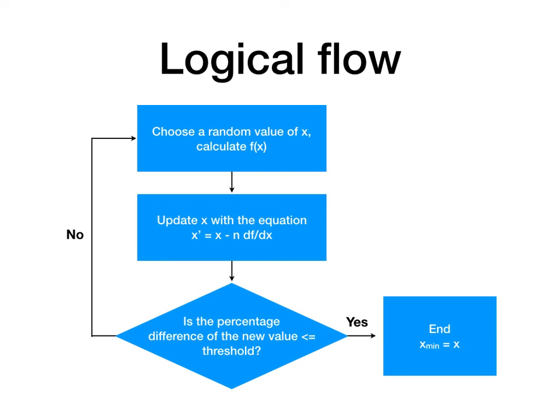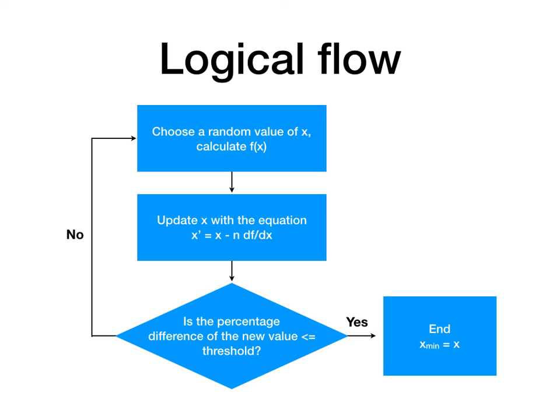Next, you check if the percentage difference of the new value is smaller or equal to the threshold. This threshold is something you set yourself. For example, if you set the threshold to be 1%, which is 0.01, you check if the new value is 0.01 times smaller or bigger than the old value.